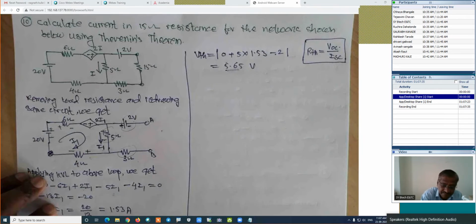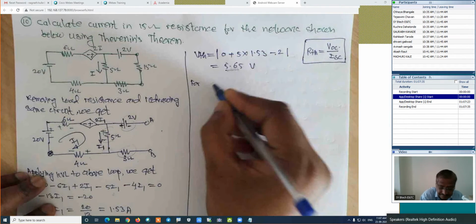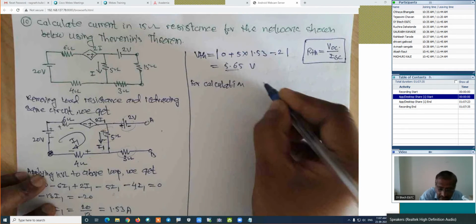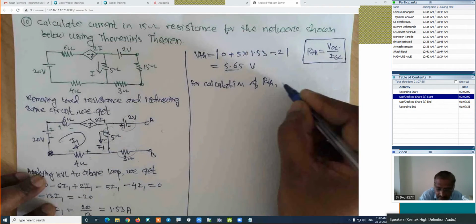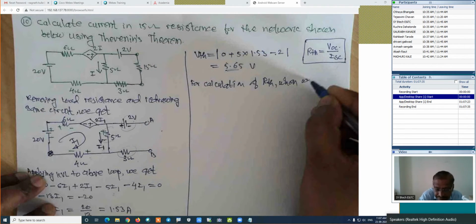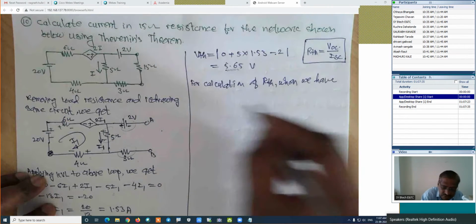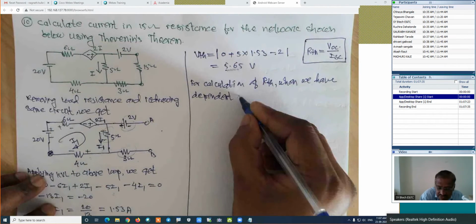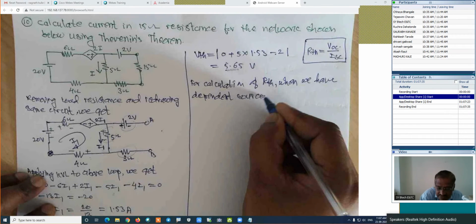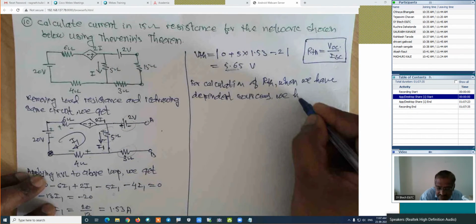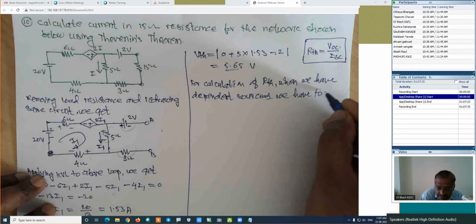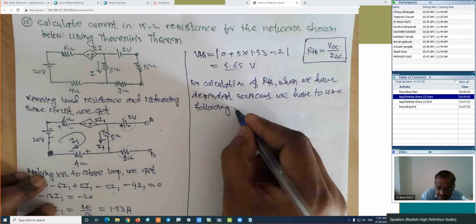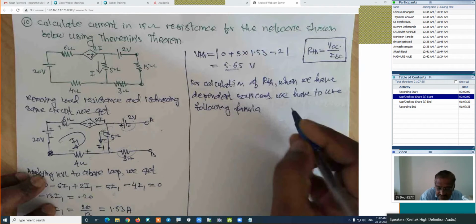Now for the calculation of RTH, when we have dependent sources, we have to use the following formula. What is the formula?